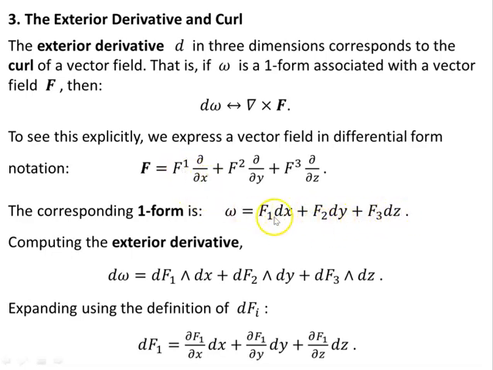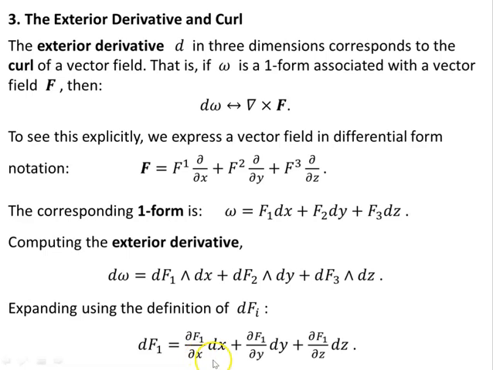Notice this f1 and this f1 here, although the indices are placed in the upper and lower places, they are the same in Euclidean space. That's what we're in, R3 Euclidean space. Now computing the exterior derivative, d omega is df1 wedge dx plus df2 wedge dy plus df3 wedge dz. Expanding using the definition of dfi, let's just look at df1.